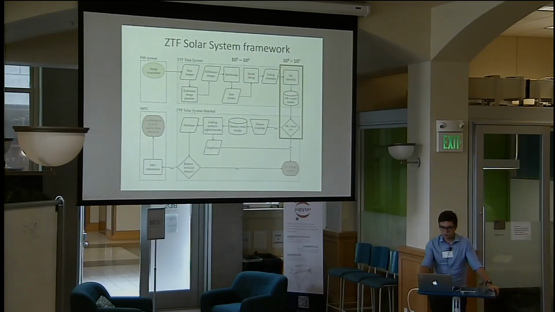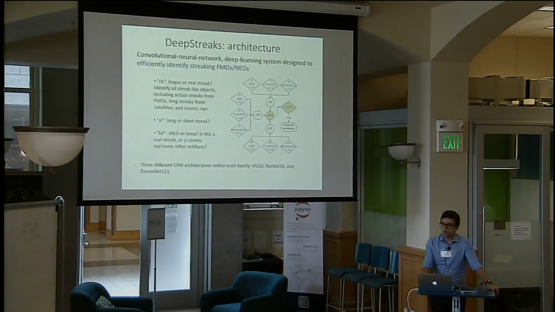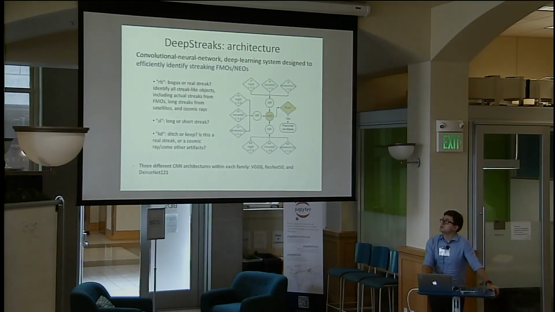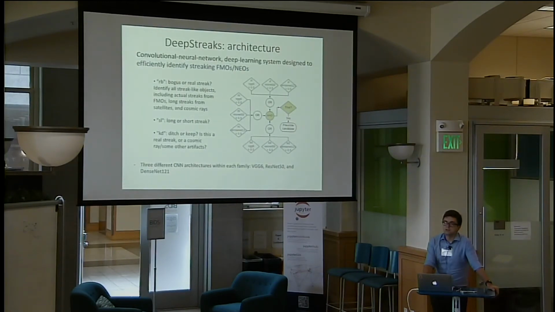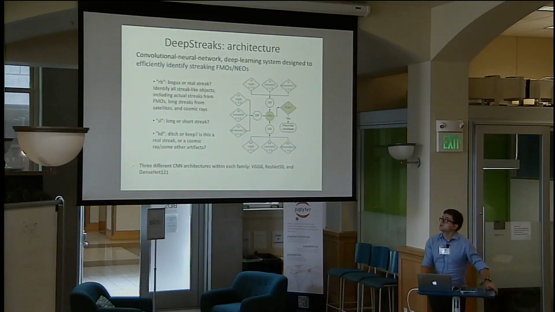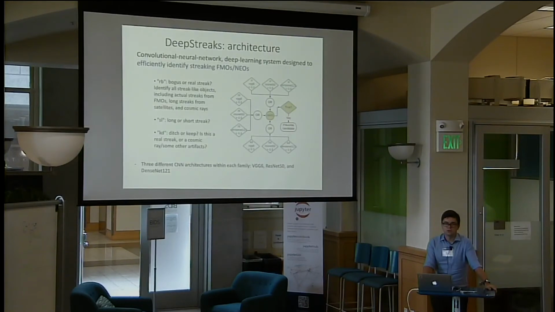And the task was to reduce that dramatically while keeping the same false negative rate. And so we came up with this slightly more complicated architecture. We split the task of identifying plausible streaks that come from real fast-moving objects into 3 simpler subtasks. The first one identifies all streak-like objects, which includes long streaks from satellites and cosmic rays, in addition to the actual FMOs.